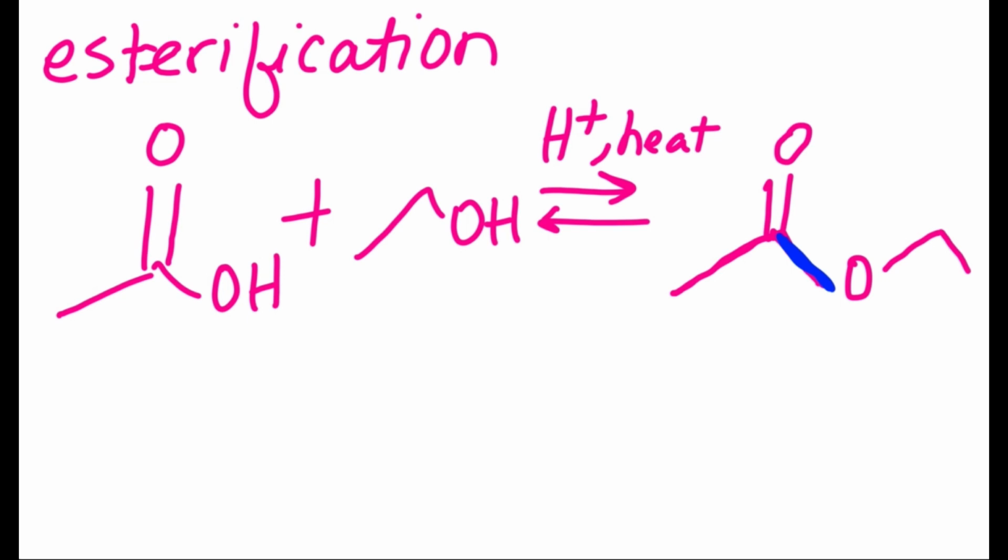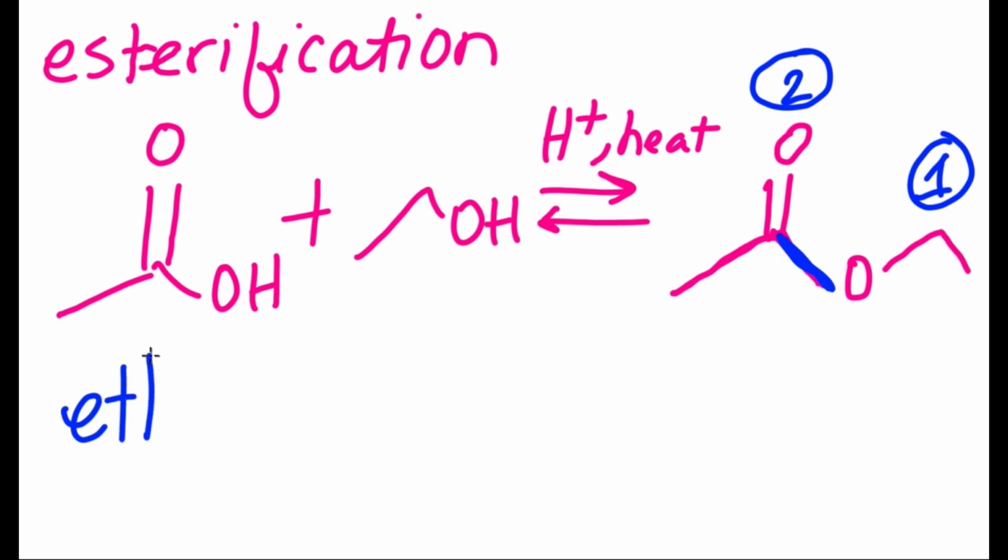And how we're going to name this is it's going to be this alcohol side first, and then the carboxylic acid side second in the naming. So for example, we got ethyl, because you have that, it's 2 carbons.